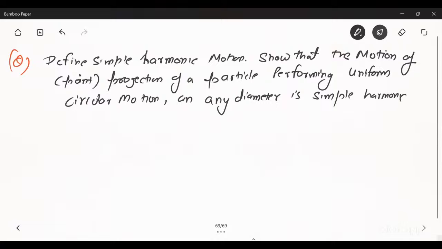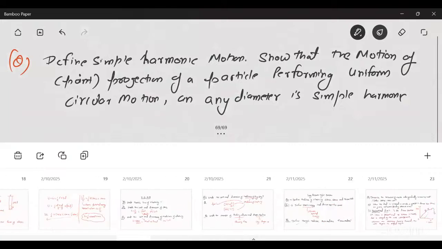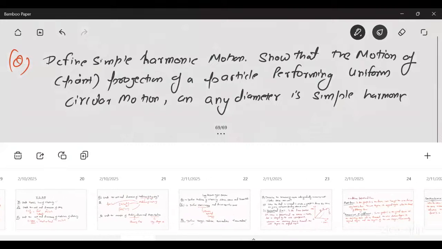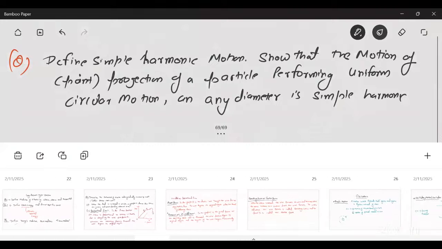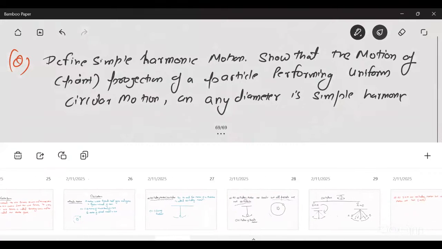Now the first is define simple harmonic motion. I have described it earlier.